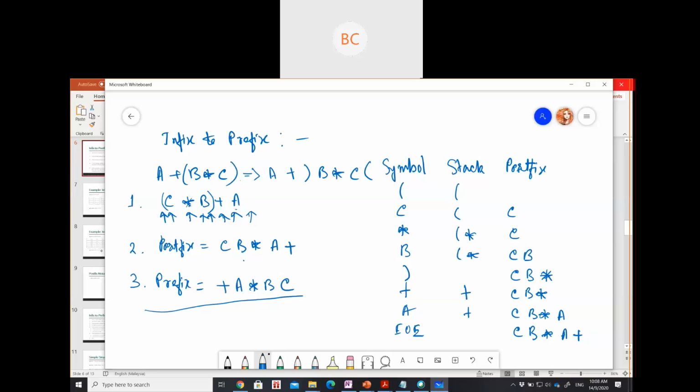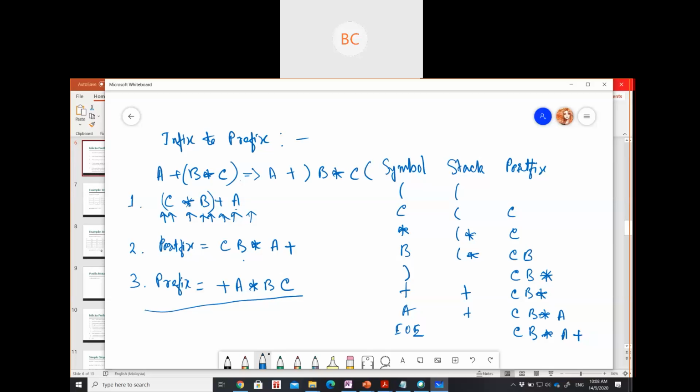So the whole process is same. Just remember the initial and the ending one. Just reverse the expression first. Yes, we need to reverse the expression first.